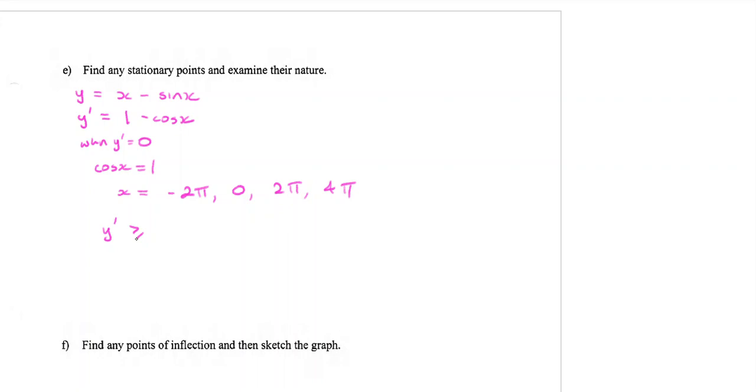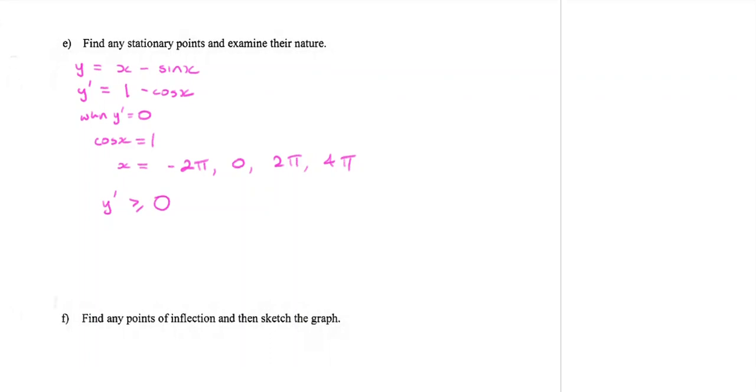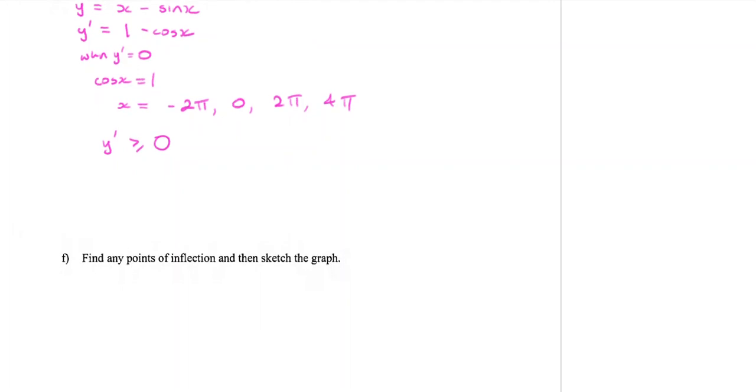I could have a negative 1 in here, which means 1 minus minus 1 will be 2. But any way I look at it, my gradient is always going to be larger than 0, a positive gradient. Always. Every value for x. So this whole curve is increasing the whole way. It's never going to turn back down. That's very important.